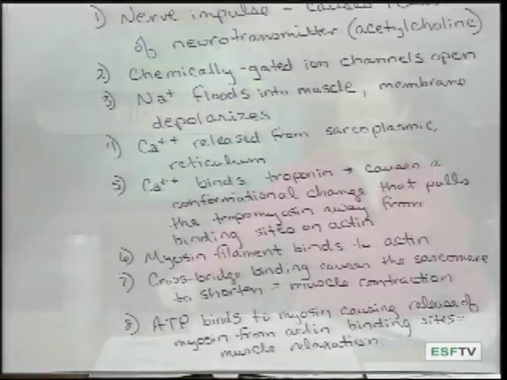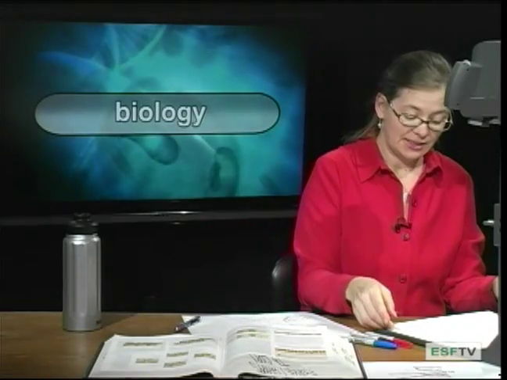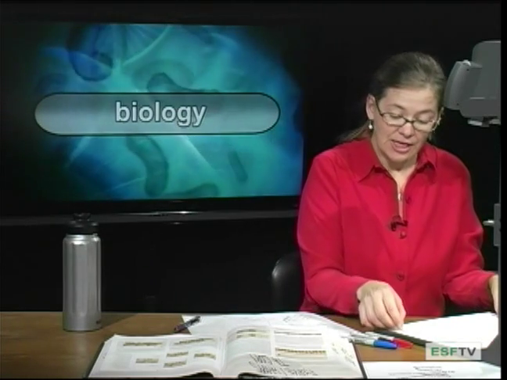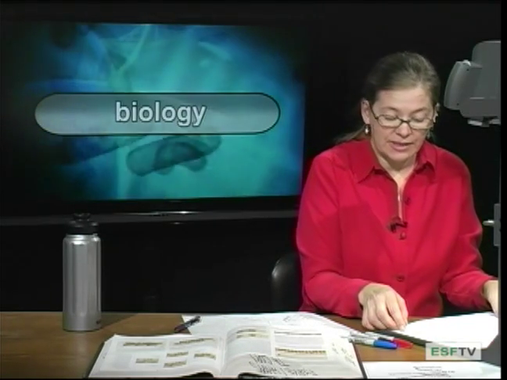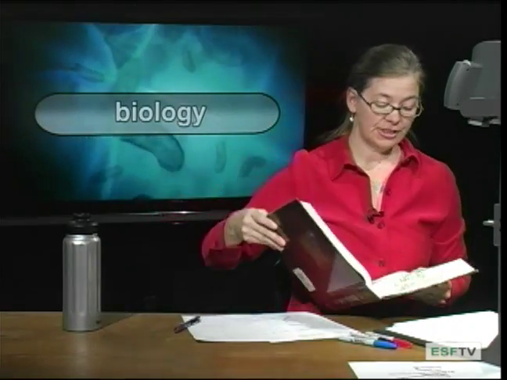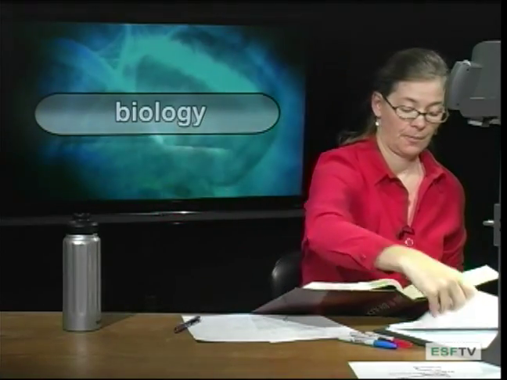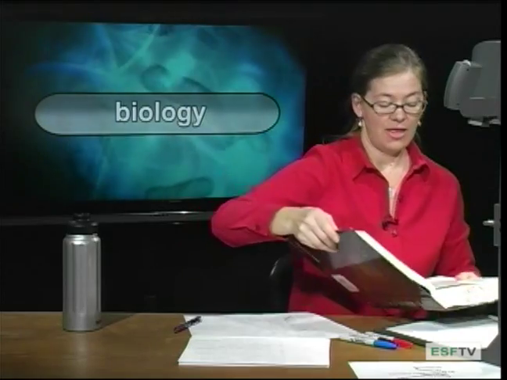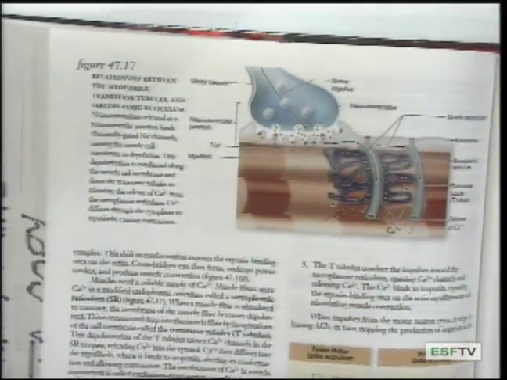All right, and so now that we've laid out these steps of this sliding filament mechanism of muscle contraction, let's look at a couple of the examples in the book and walk through what this looks like. So the first steps are that you get this nervous impulse.